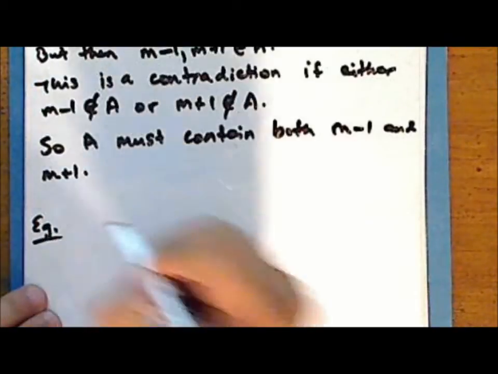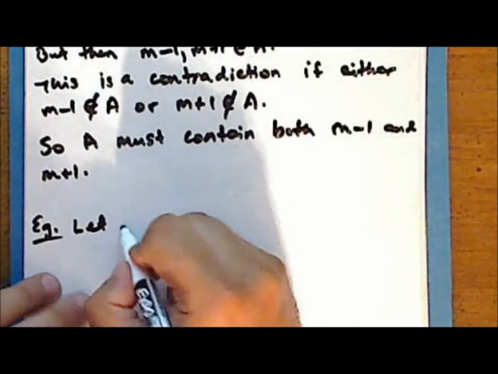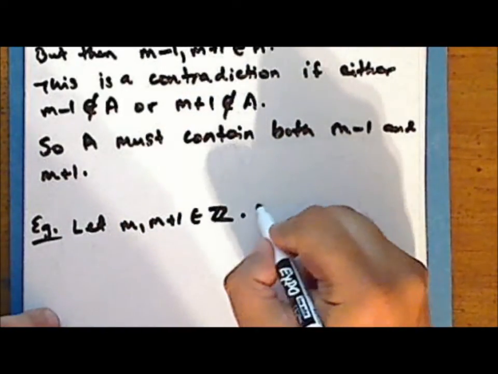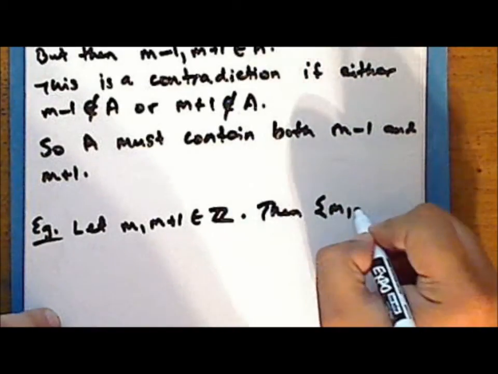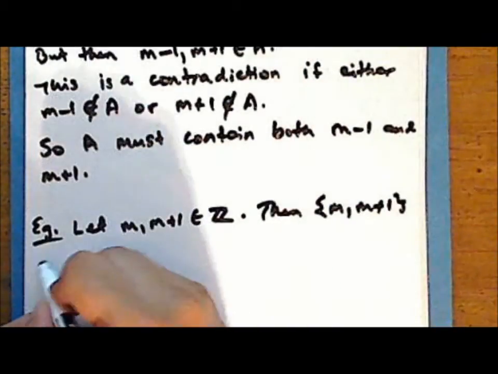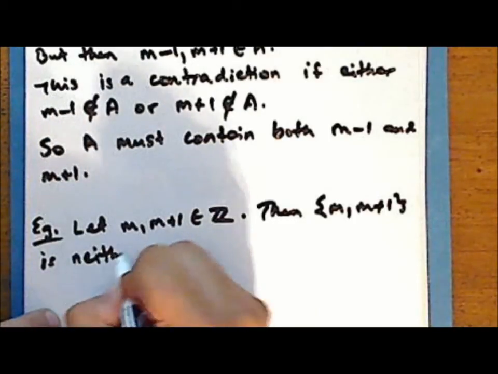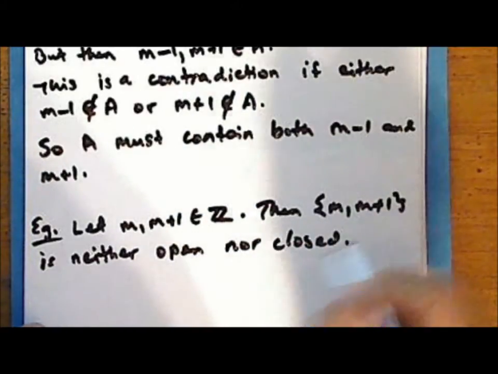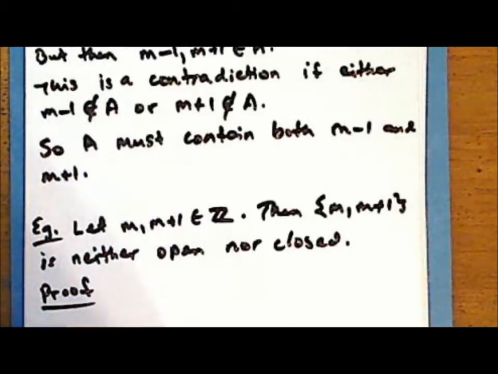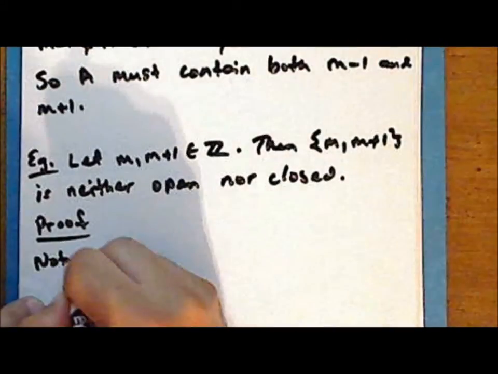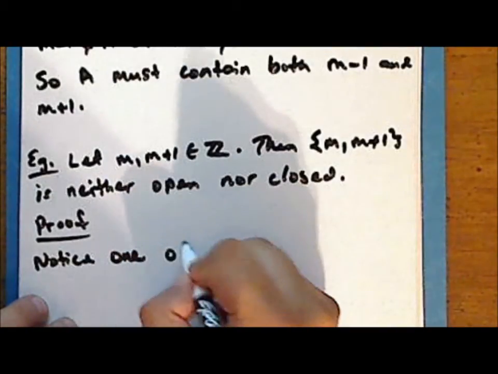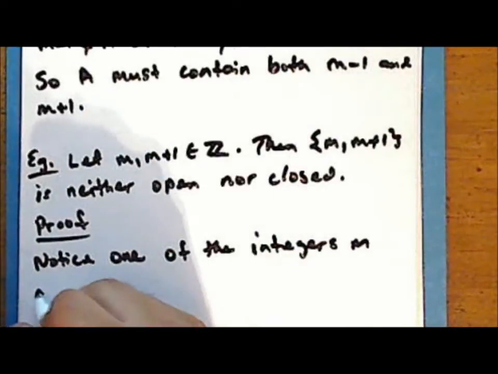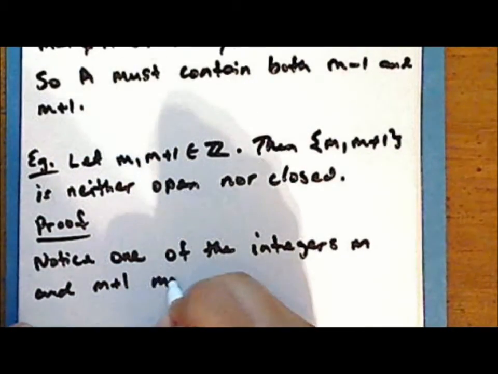And so we will now look at an example. Let m and m plus 1 be two consecutive integers. Then the 2-point set containing these consecutive integers is neither open nor closed. So proof: notice that one of the integers, m and m plus 1, must be even.